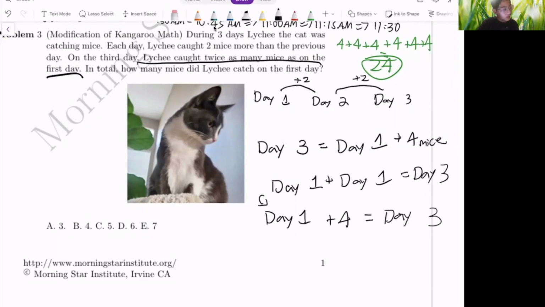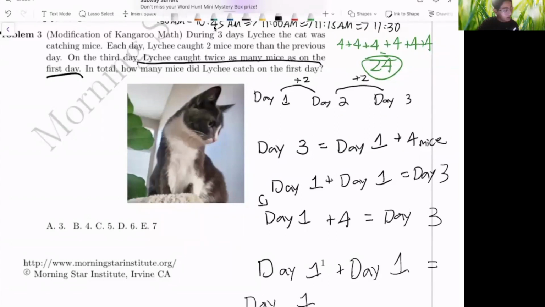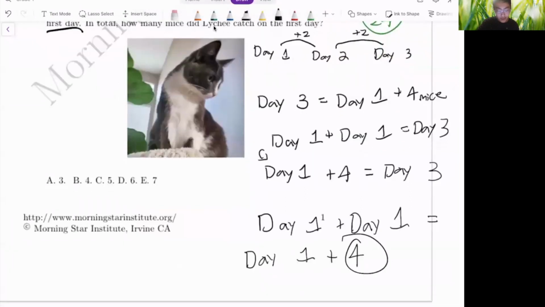And from here on, we can just solve that day 1 plus day 1 equals day 1 plus 4. So therefore, we derive that day 1 equals 4.